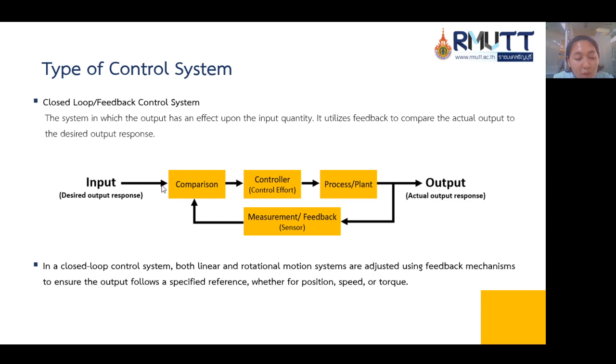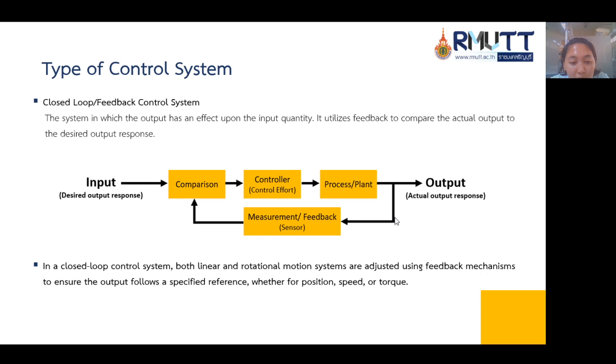Then it flows to the comparison, where the measurement from the sensor of the actual output is compared with the input or desired output, then produces an error. That flows to the controller or control effort, then flows to the process or plant, then produces an output.